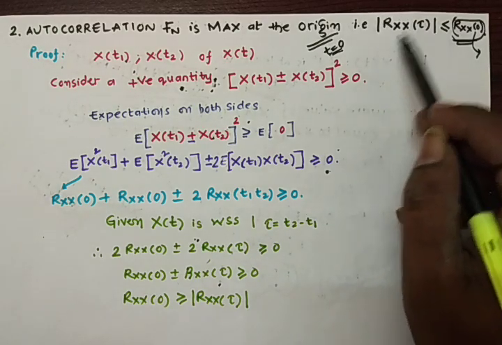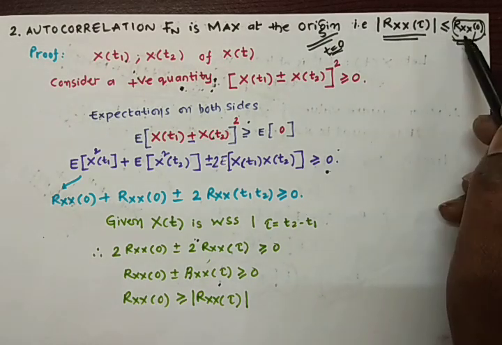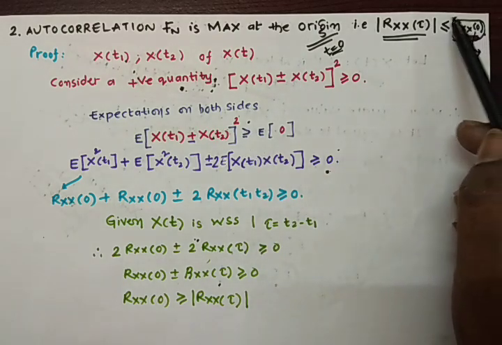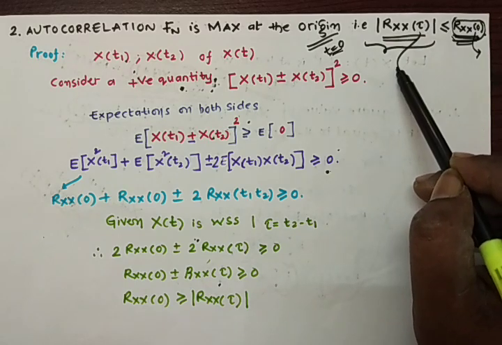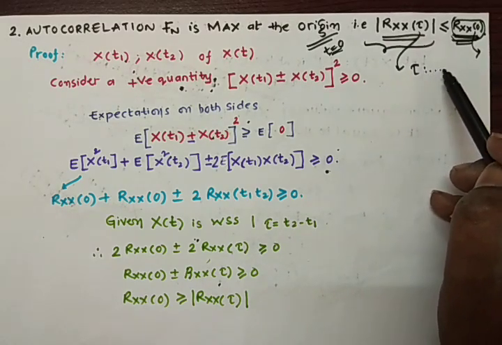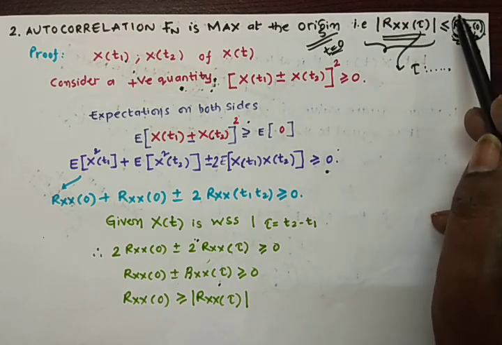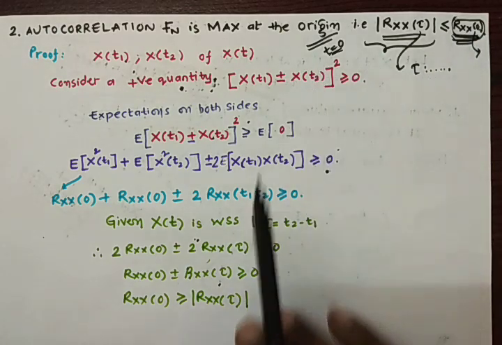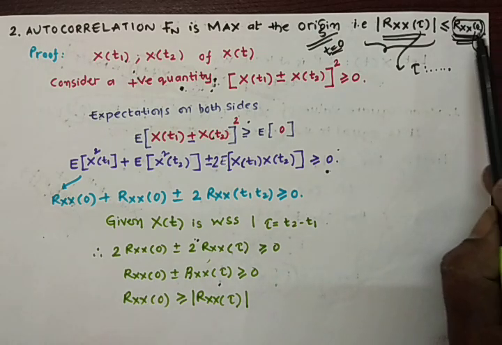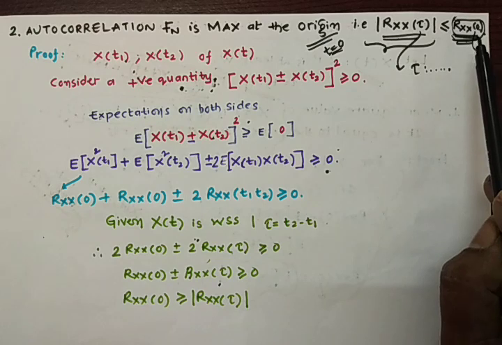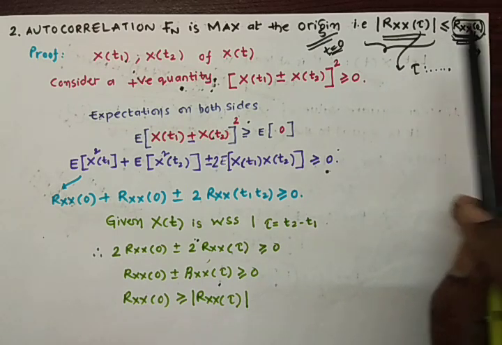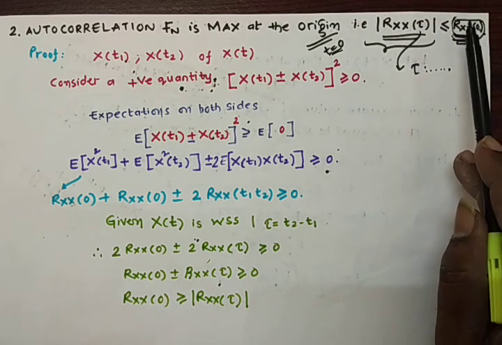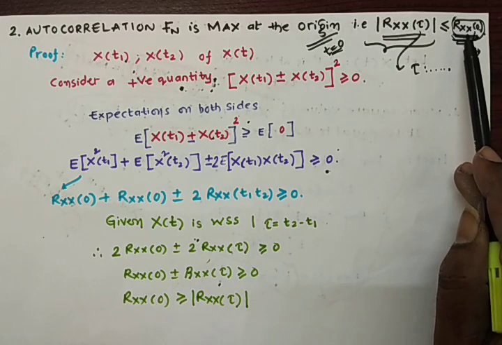That is, Rxx of tau, whether positive or negative, must be less than or equal to the autocorrelation function at the origin. Whatever the autocorrelation function may be for various values of tau, it will be less than or equal to the autocorrelation function at the origin. So we can conclude that the autocorrelation function is maximum only at the origin, and at the remaining values of tau it is less than or equal to the value at the origin.